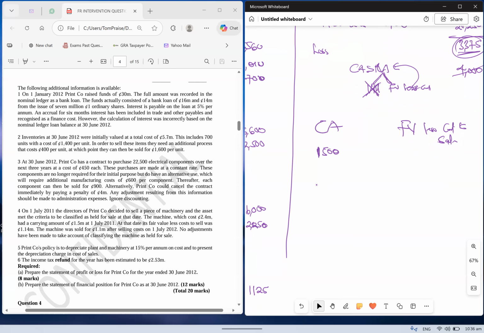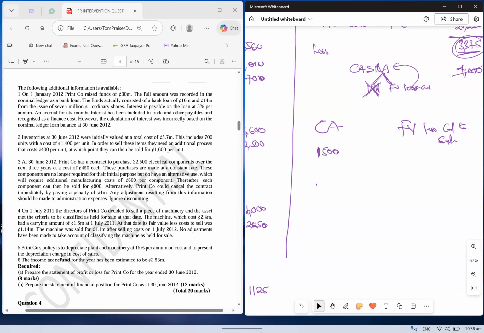Then the machine was sold for 1.1 after the selling cost.